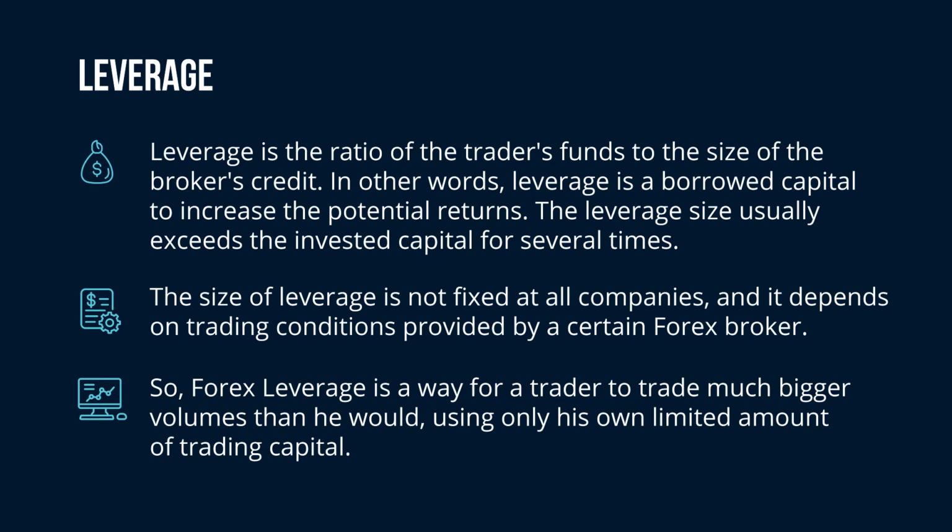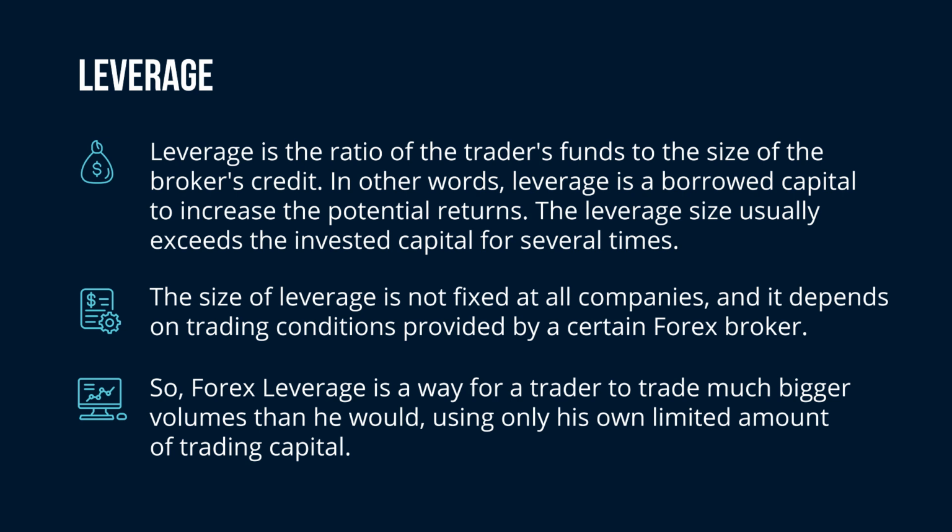Basically, Forex leverage is a way for a trader to trade much bigger volumes than he would using only his own limited amount of trading capital. Let me give you an example. Let's say you invest a few hundred dollars on your deposit, you have 500, for example. The thing is that in the Forex market, you cannot buy or sell less than 10,000 units of a particular currency.